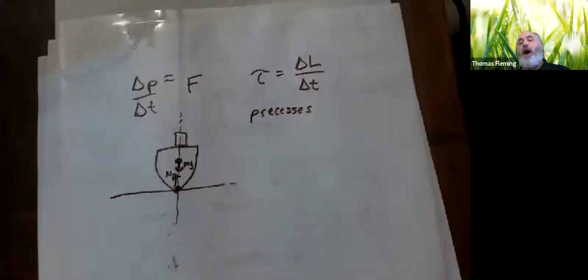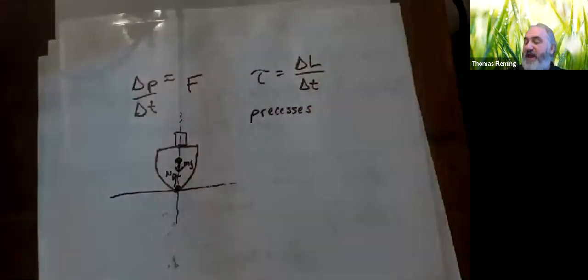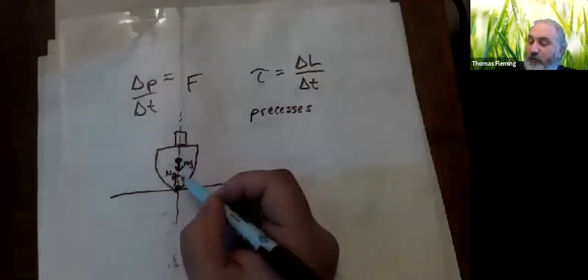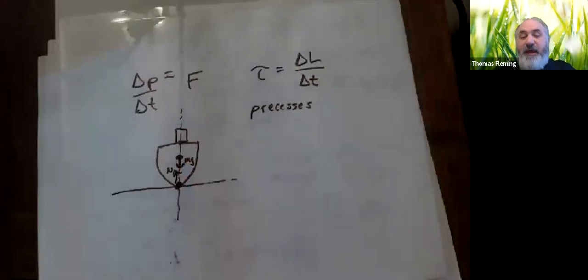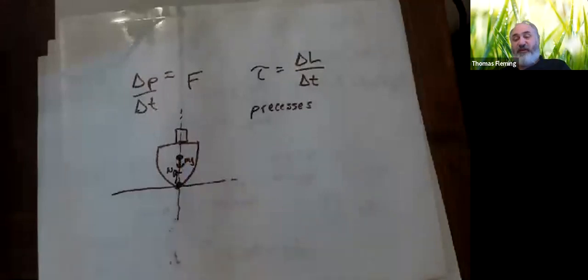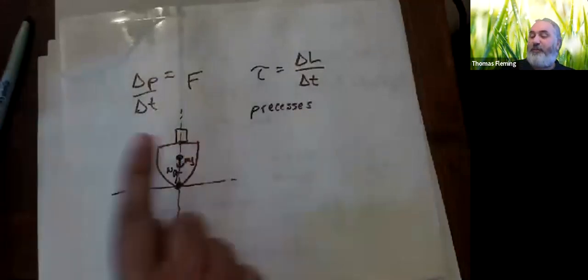So if my top is well and truly sitting perfectly straight up, then I've got gravity acting along that axis, I've got the normal force acting along that axis, and I want to think about two things. One is, what torques do I have? And two is, what angular momentum do I have? And the angular momentum part is easy because my top is spinning.